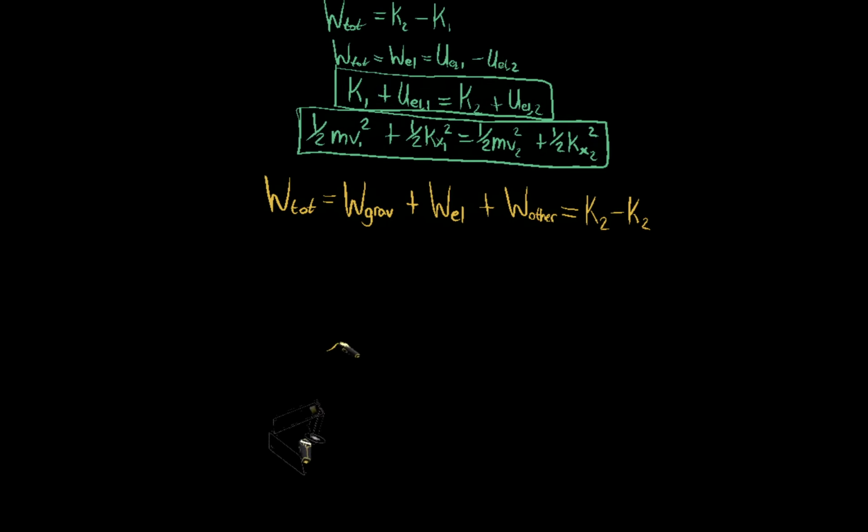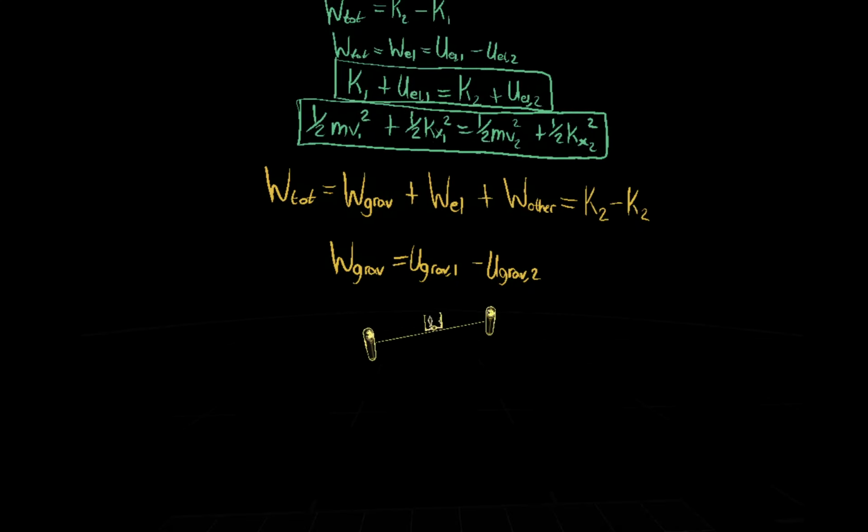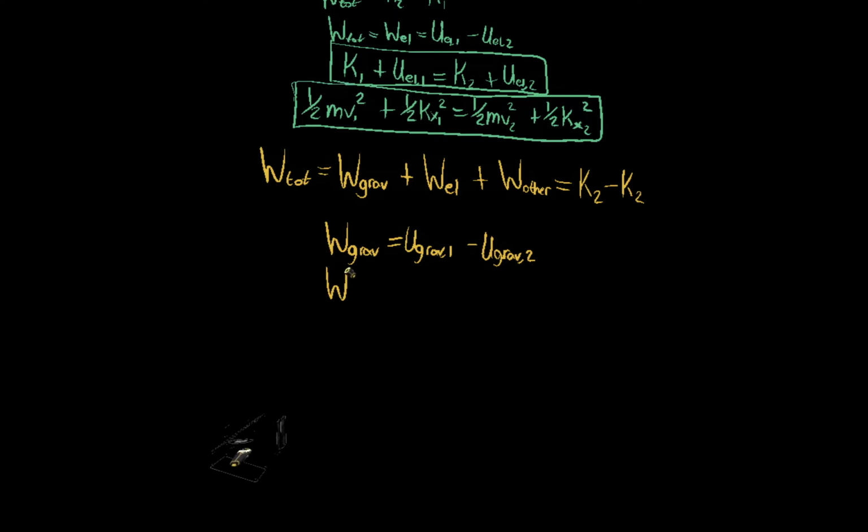So the work from gravity specifically is going to be U grav 1 minus U grav 2. And the work from elastic is going to be equal to U elastic 1 minus U elastic 2. So we can start to fill these things in.